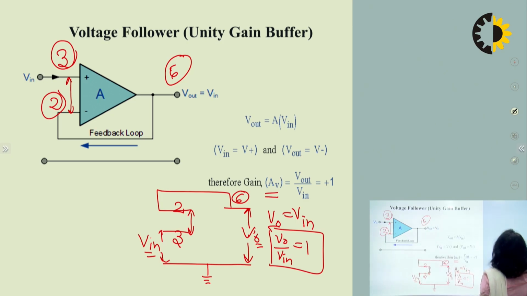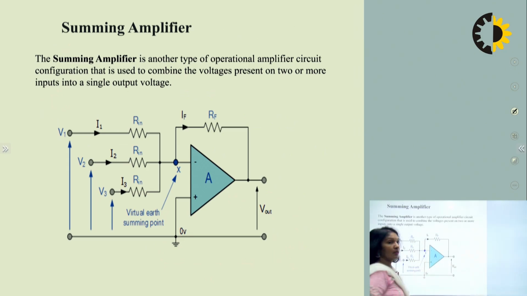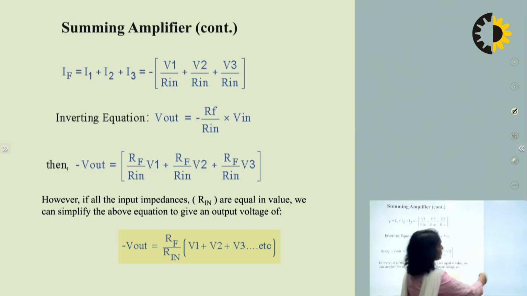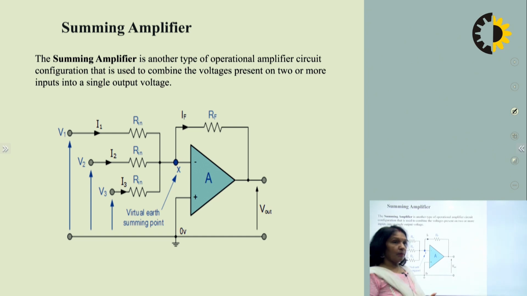The next type of circuit we are going to discuss is the summing amplifier. The summing amplifier is another type of operational amplifier where we would like to add multiple input signals.